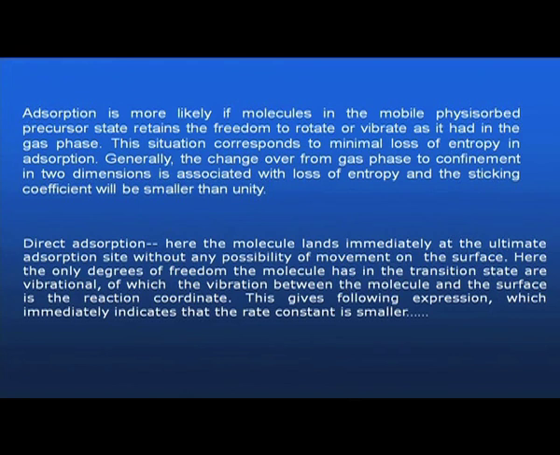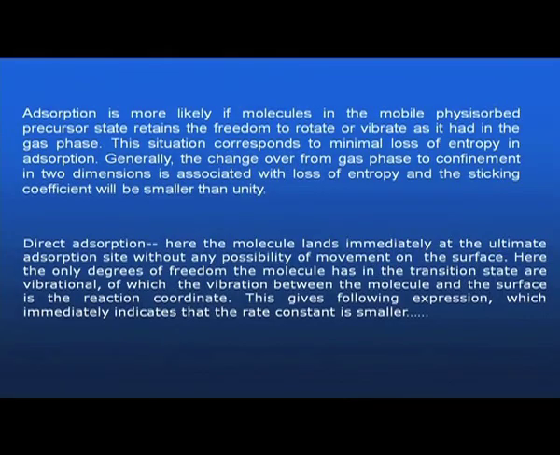Now, what happens in direct adsorption? Here the molecules land immediately at the ultimate adsorption site. They land onto the surface, and wherever they land, that is their immediate position. They will not move around any further. So, here the molecule lands immediately at the ultimate adsorption site without any possibility of movement on the surface.